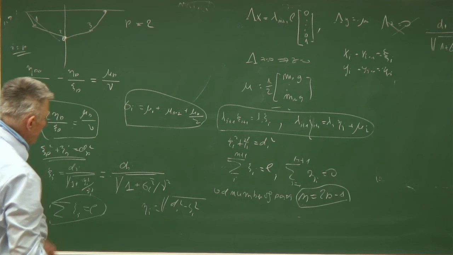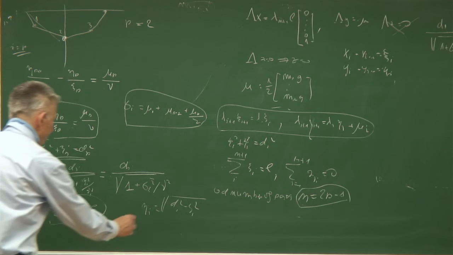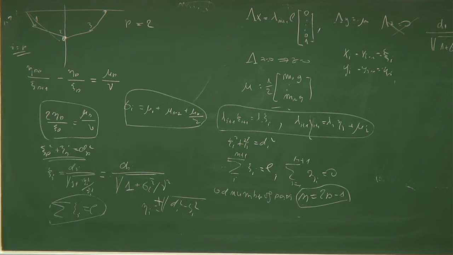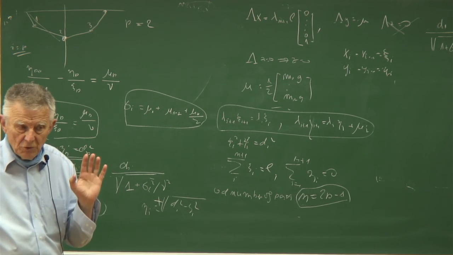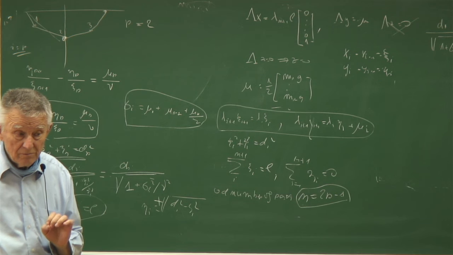So they will be then positive. So now you can find very precisely your equilibrium point to working precision of a machine.